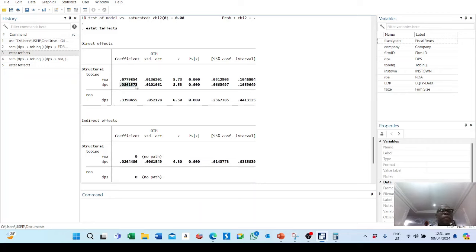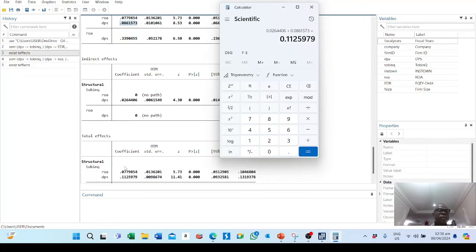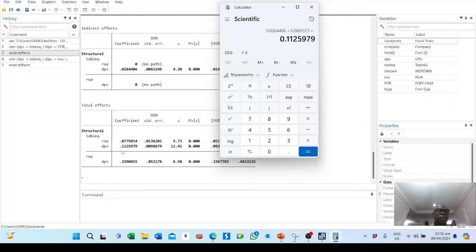Pick the value, copy to the calculator, plus this, equals, yeah, that's it. So you can see that the addition of the direct and indirect effect gives us the coefficient of the total effect, which is 0.1125.